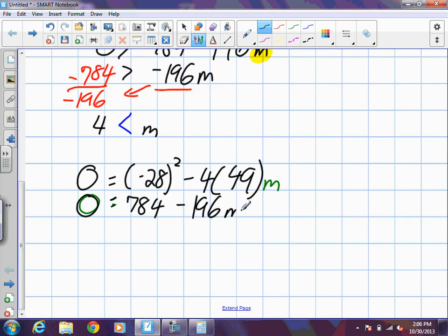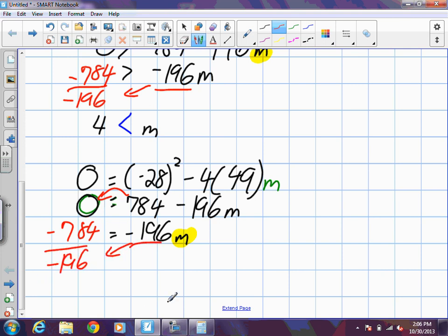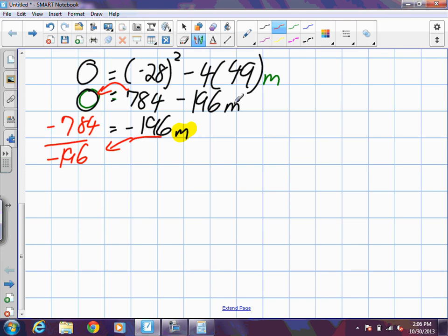Same as before, we need to bring 784 over. We get negative 784 is equal to negative 196m. The goal is to isolate m. Okay. So in order to move that, and this is an equal sign, we just have to divide by it. And we already know what it's going to be. What's the value in this case? That's right, m is 4.